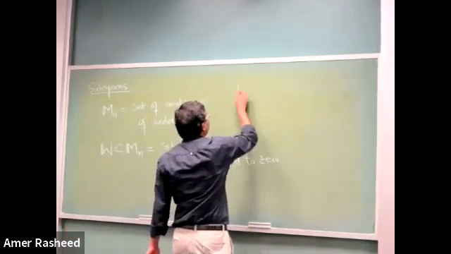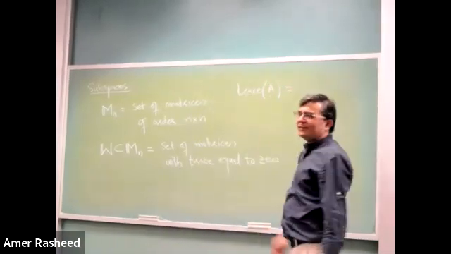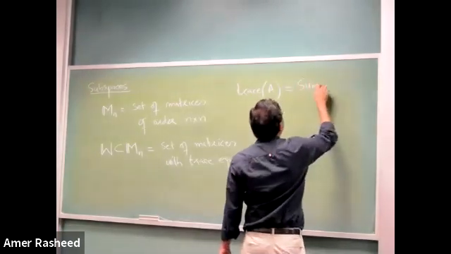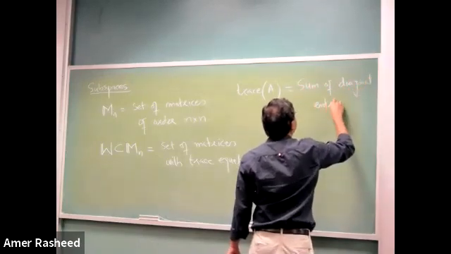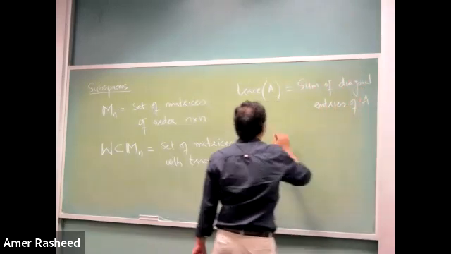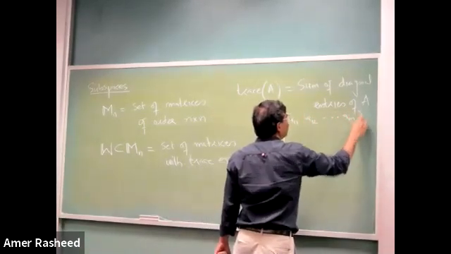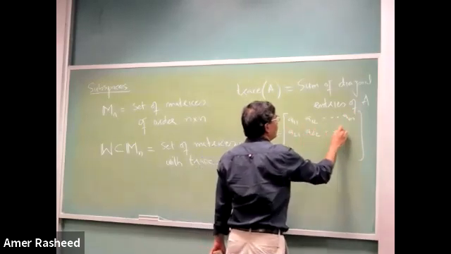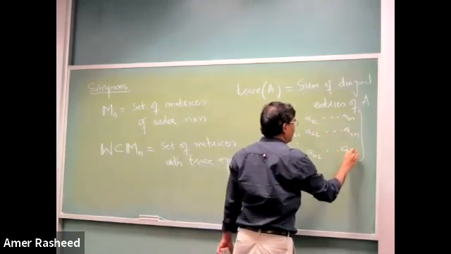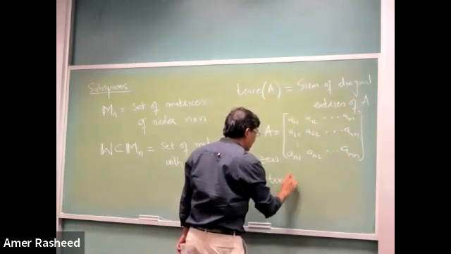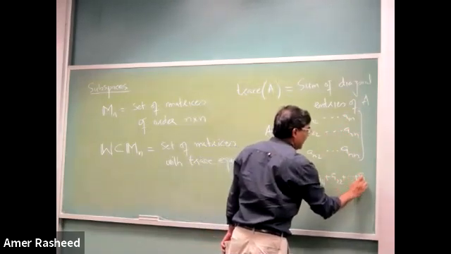Trace of any matrix is what? If A is a square matrix of order n, then the trace is the sum of its diagonal entries, the diagonal entries of A. If A is a square matrix of order n cross n, with entries A11, A12, and so on up to A1n, then A21, A22, up to A2n, and so on up to An1, An2, up to Ann, then trace of A is A11 plus A22 plus so on plus Ann.